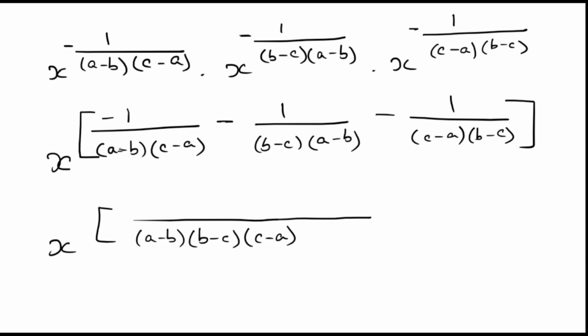So whichever term is missing in the denominator, you will multiply that term in the numerator. So in this one, b minus c is missing. So this minus, I'm writing it and multiplying it by (b minus c). And for the second one, c minus a is missing in the denominator, so multiplying it by (c minus a). And then minus. In the third one, a minus b is missing in the denominator, so multiplying the numerator by (a minus b).